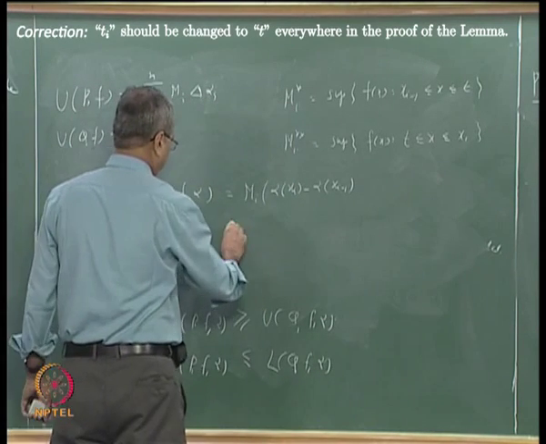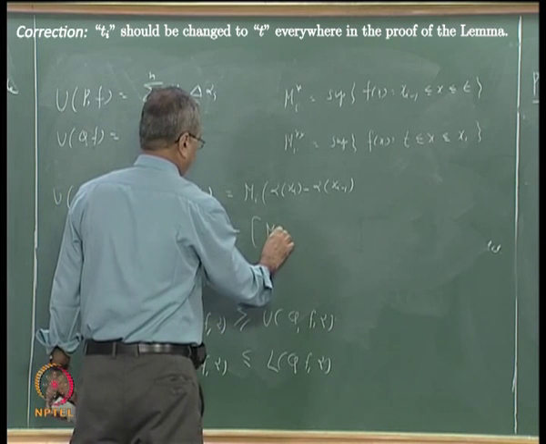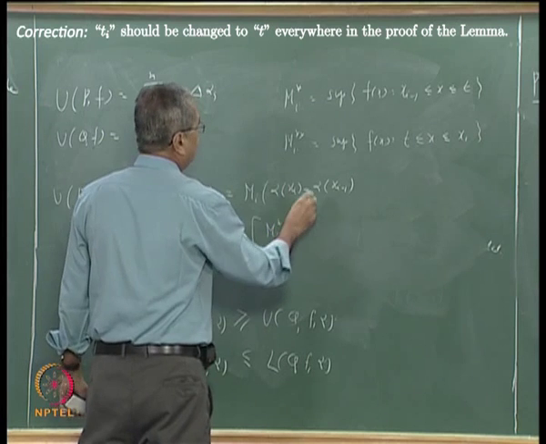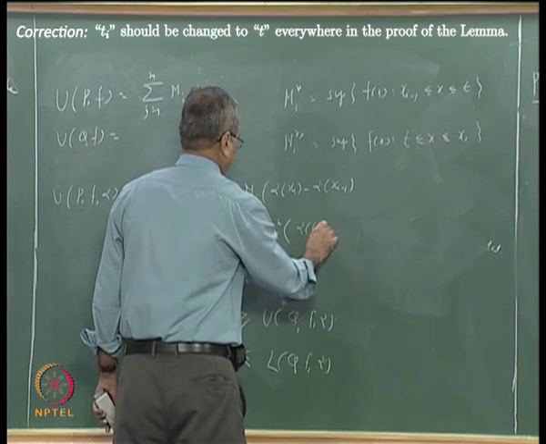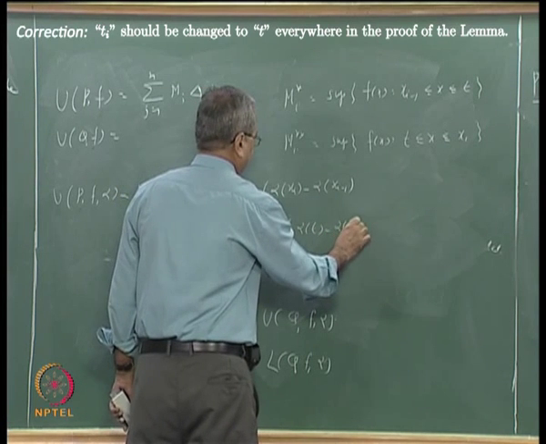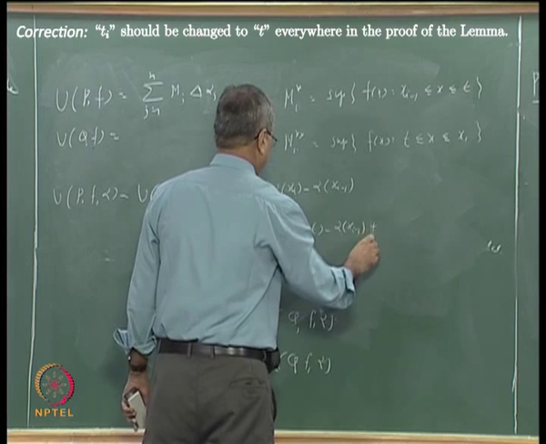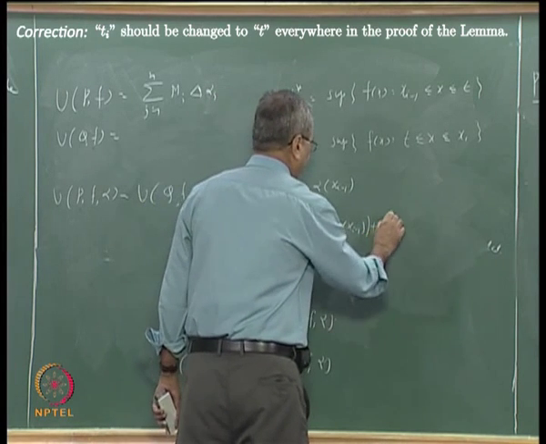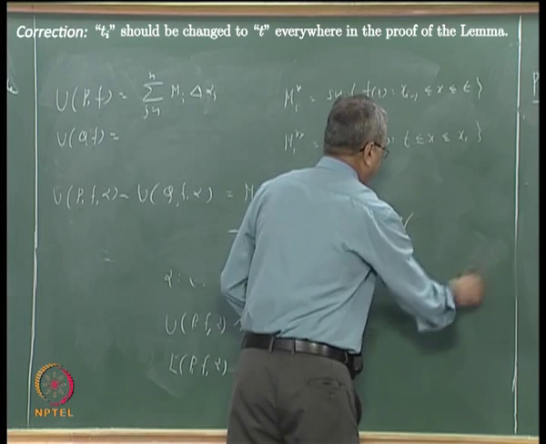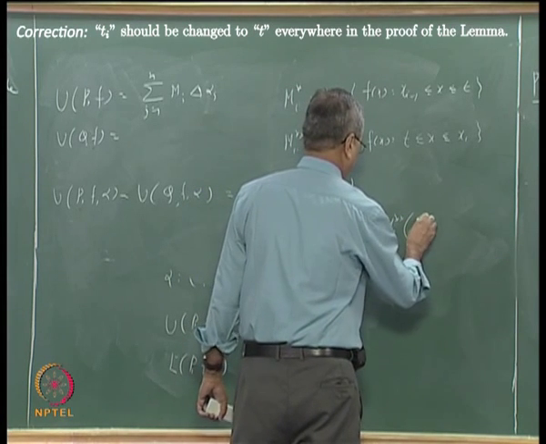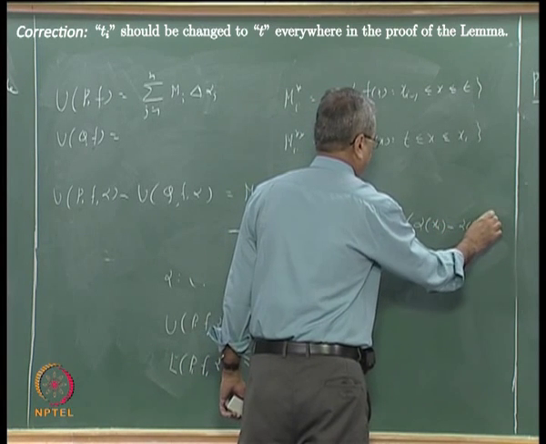It is minus m_i* into (alpha(t) minus alpha(x_{i-1})), and plus m_i** into (alpha(x_i) minus alpha(t)).